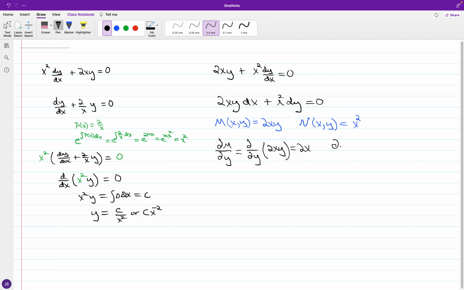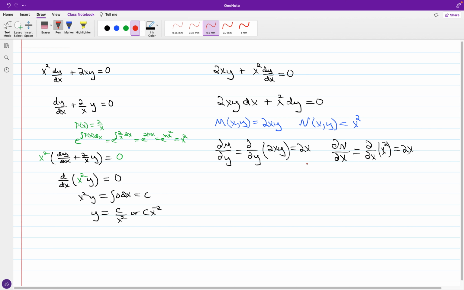And then taking the partial derivative of n with respect to x, that is equal to 2x. And so in this case you have 2x is equal to 2x, and so this differential equation is exact.